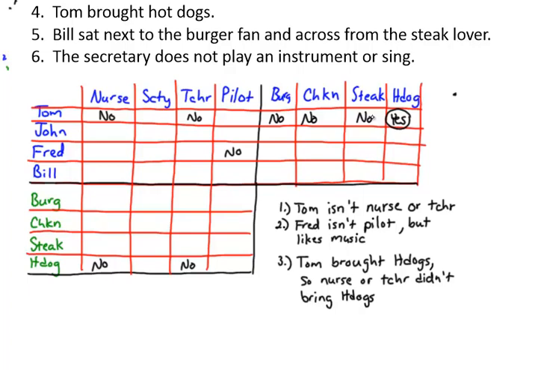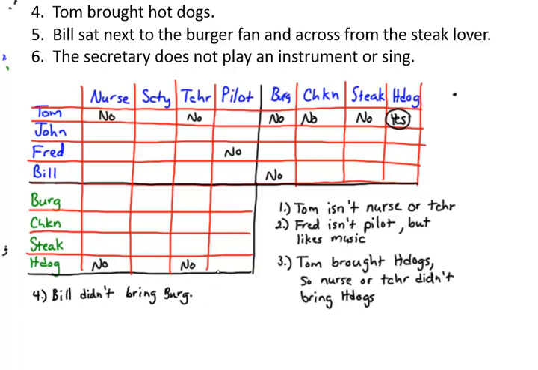Okay, so Bill sat next to the burger fan, so 4. So Bill didn't bring burgers because he sat next to the burger fan. So Bill did not bring burgers.